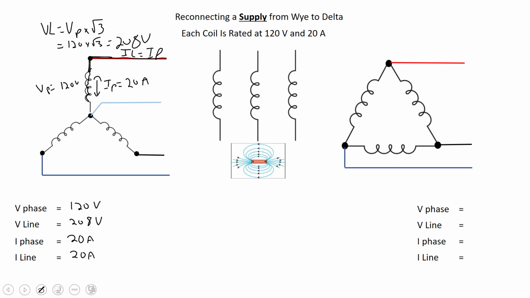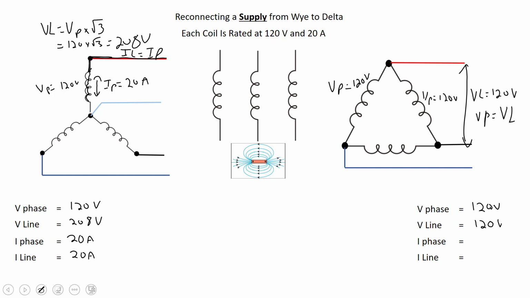If I compare that to the delta connection, well, the phase voltage is the voltage generated across each coil, so it's still 120 volts. We know in delta, if the phase voltage is 120, that is going to be the output line voltage as well. V line is also equal to 120. V line is the same as V phase. So 120 volts.